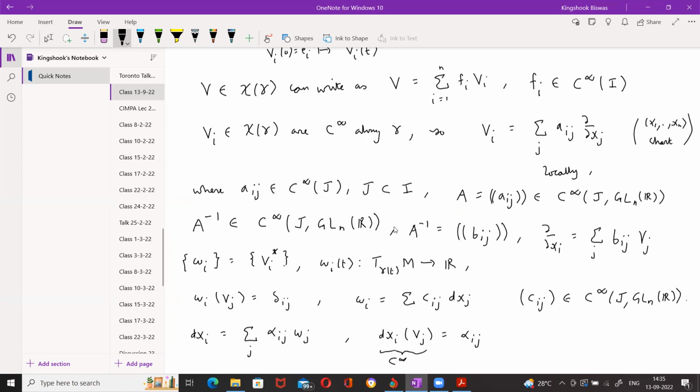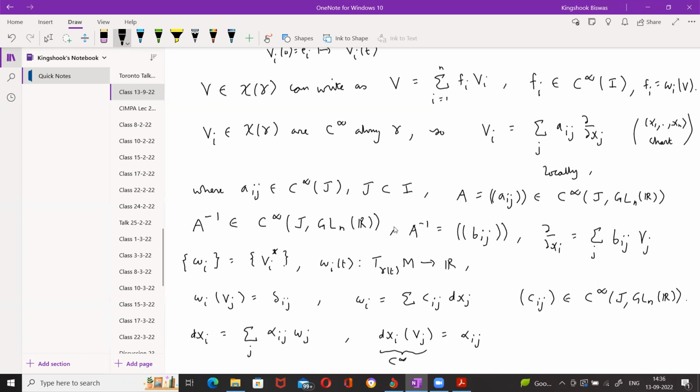So the omega i's will be smooth combinations of the dxj's, and so the omega i's will be smooth. And then of course the fi's are given by omega I of v. This is what you try to do, right? Yes, exactly. But it boils down to the same argument. Same thing.